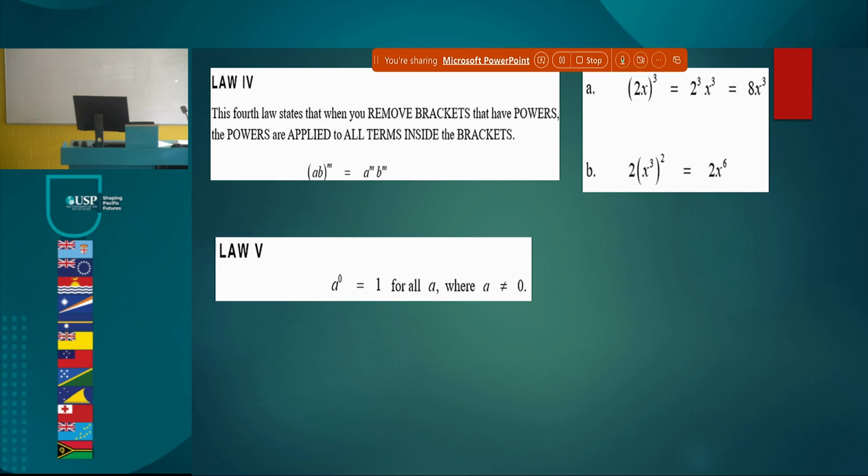Later on, when you do high-level maths, for those of you who love maths, you do 0 to the power 0 and do some calculation. But that's law number 5. Any number raised to the power 0 will give you 1, except 0.